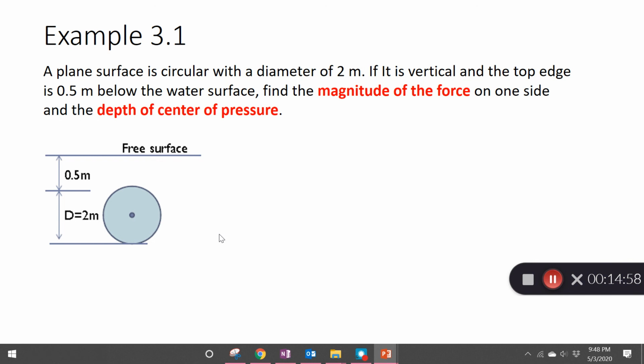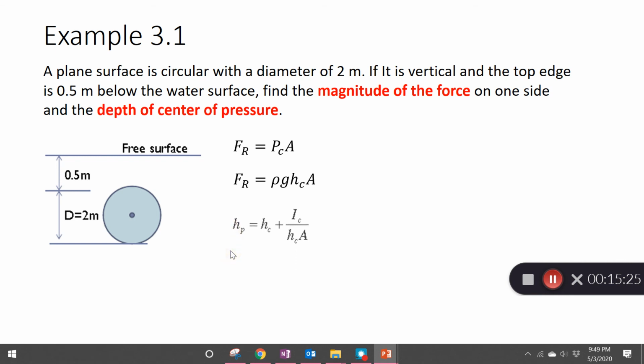So to find FR, we have this equation, FR equals PC A. And of course, PC can be expanded to rho G HC A. So you see the C is kept here at the H. So HC is the height from the free surface to the centroid or the center of the geometry.